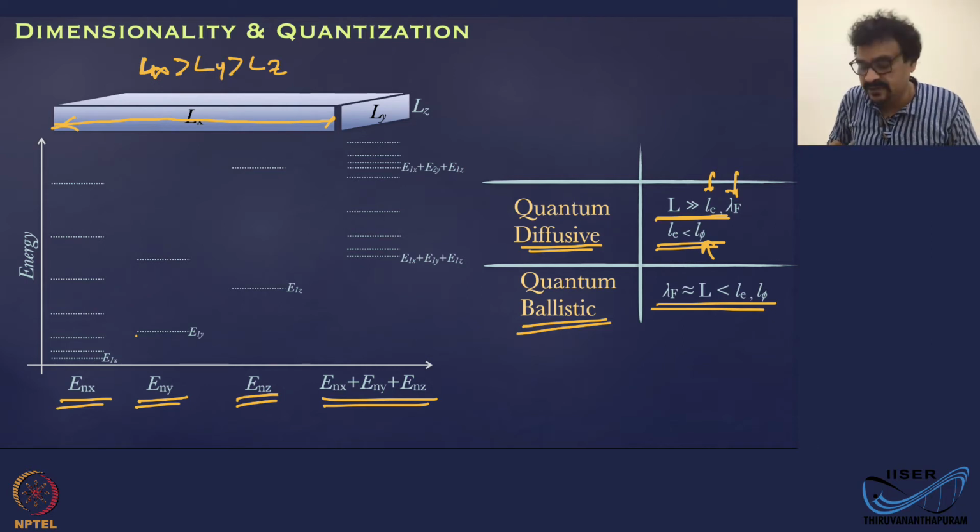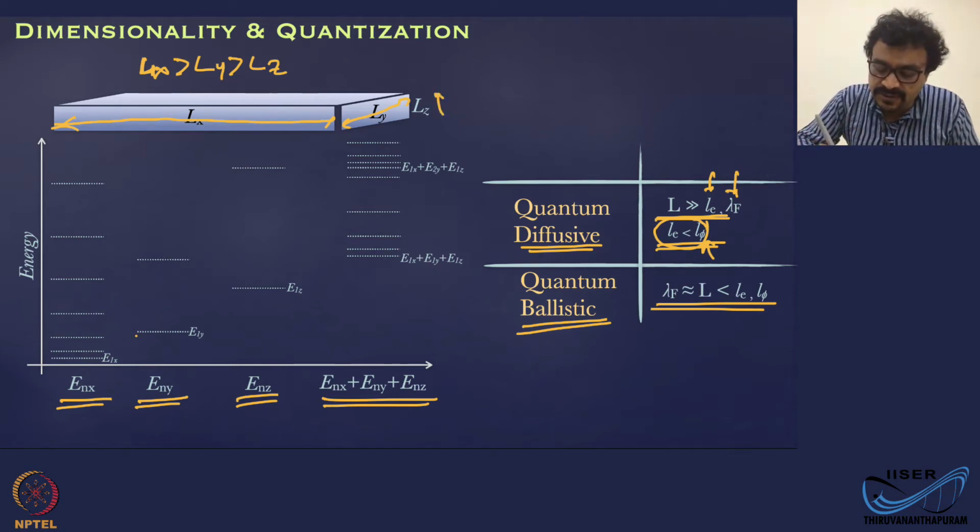That is still possible, but for that, you need to satisfy this condition. But to have quantization in the other direction, you need a scattering length comparable to Ly, which is shorter than Lx, and Lz is the shortest. So you can observe the quantization in that direction much more easily than in Lx or Ly.